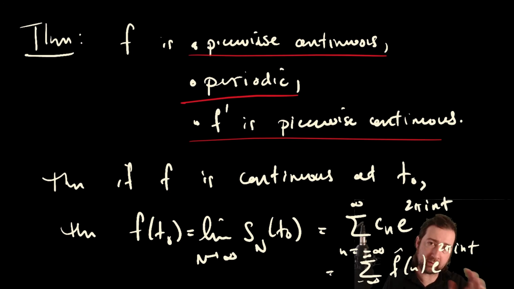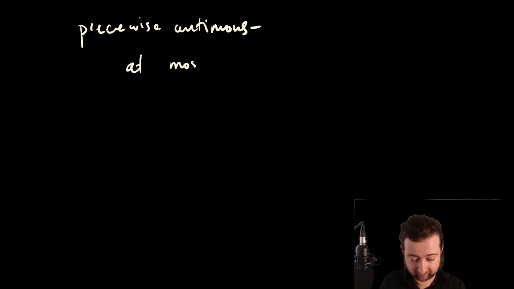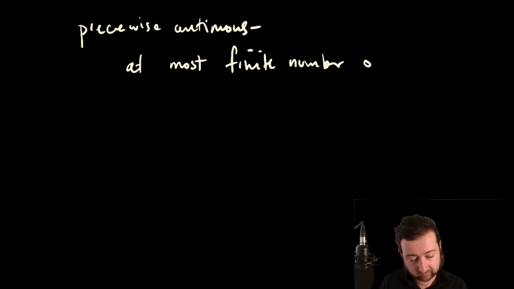Let's be specific about what these terms mean. Piecewise continuous means that you have at most a finite number of jump discontinuities.